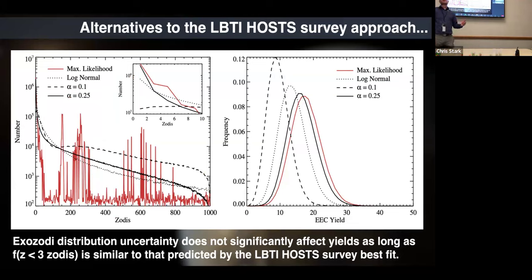And what we concluded in the end was, as long as your model to fit the data allowed for a large degree of bimodality, in other words, you have bright stars and you have faint stars, then you would basically reproduce the LBTI host survey. So we're going to proceed with that red curve, assuming that the LBTI host analysis is correct.